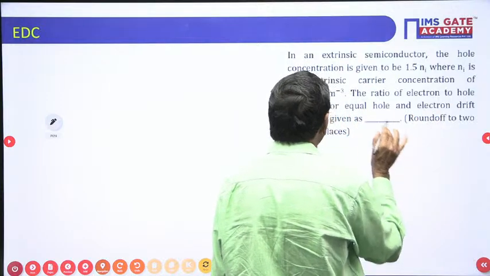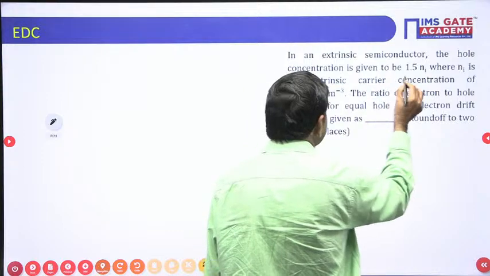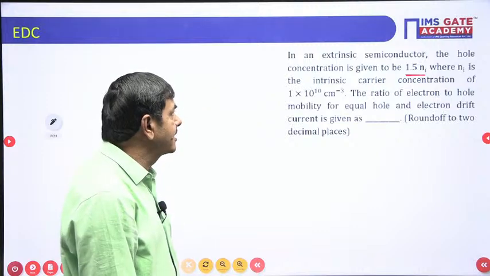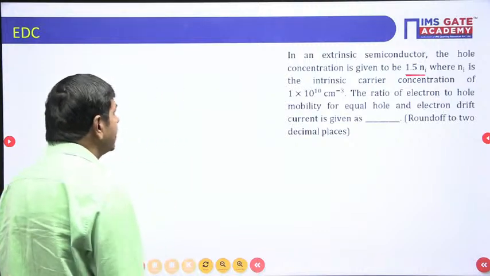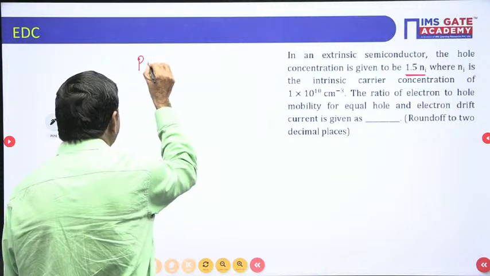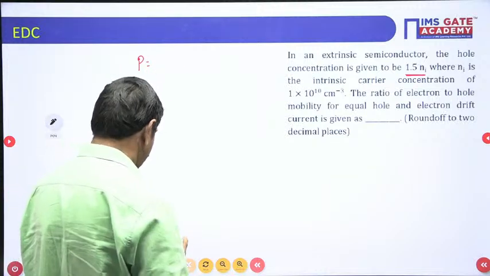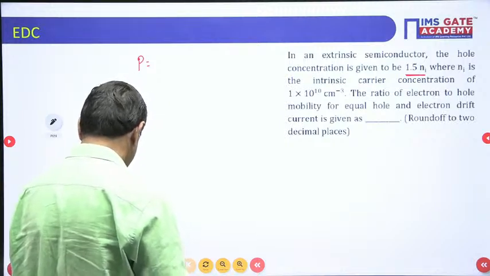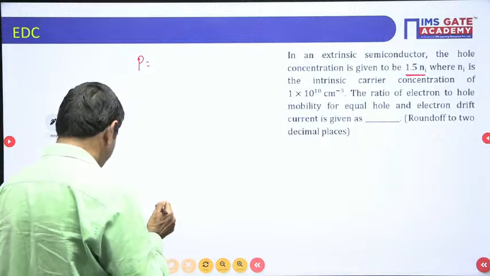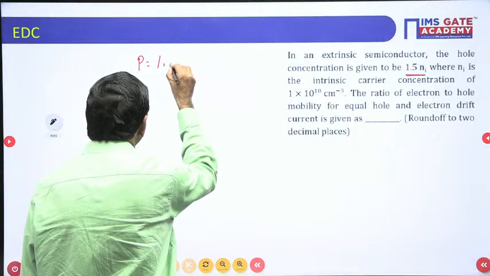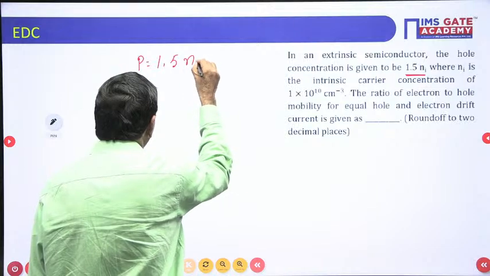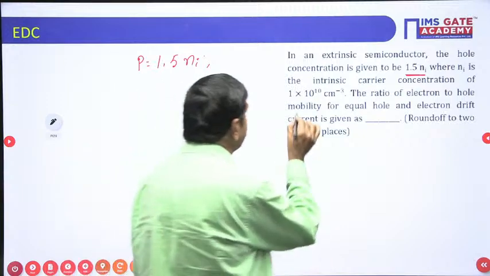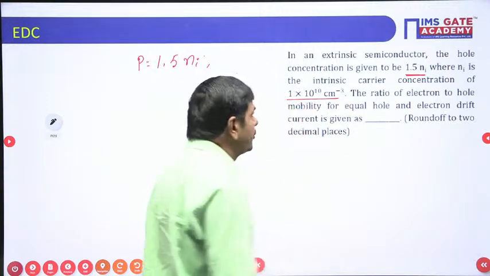What is given in the problem? The hole concentration is given to be 1.5 times Ni. I can put the hole concentration as P. P is given as 1.5 times Ni, where Ni is given as 1 into 10 power 10 per cm cube.